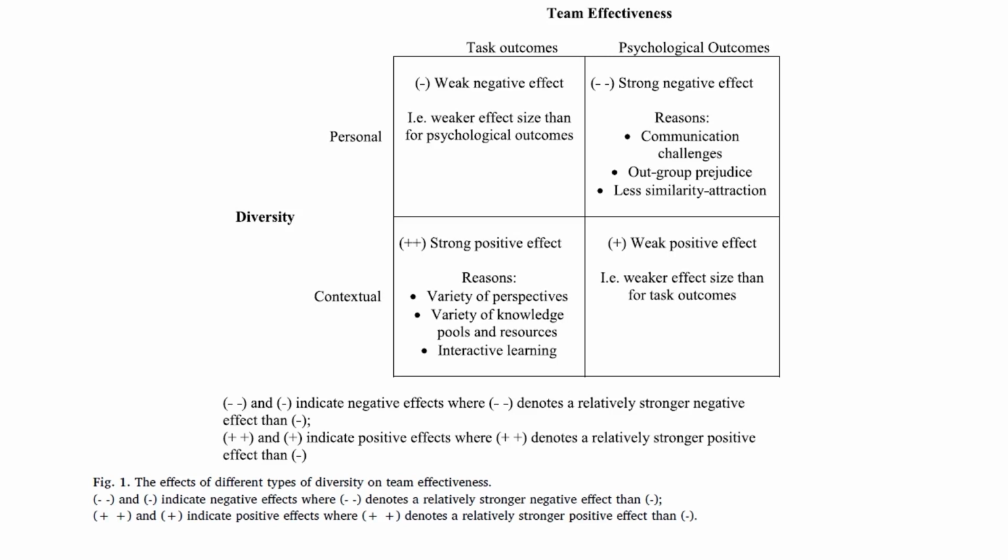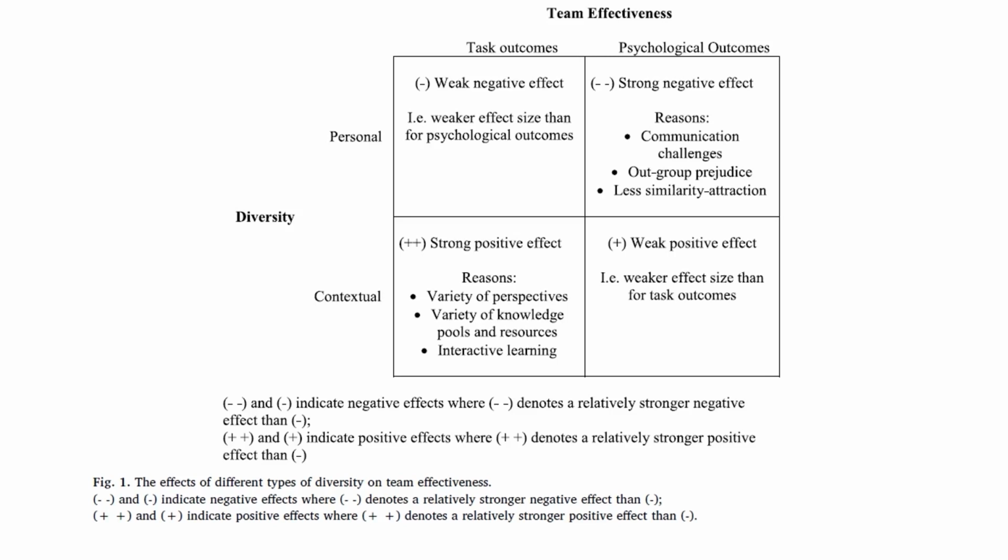And what we found was that national variety, when people come from different countries, does have a strong positive effect on the team's output quality. So the more diverse your team is, the better the decisions, the better the creativity, the solutions, problem solving.